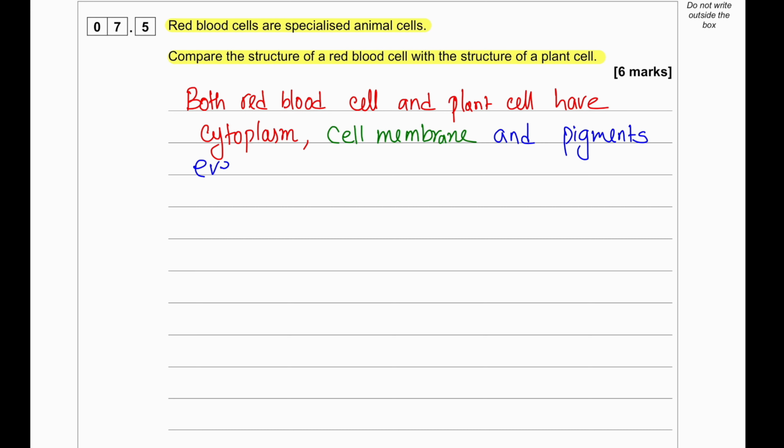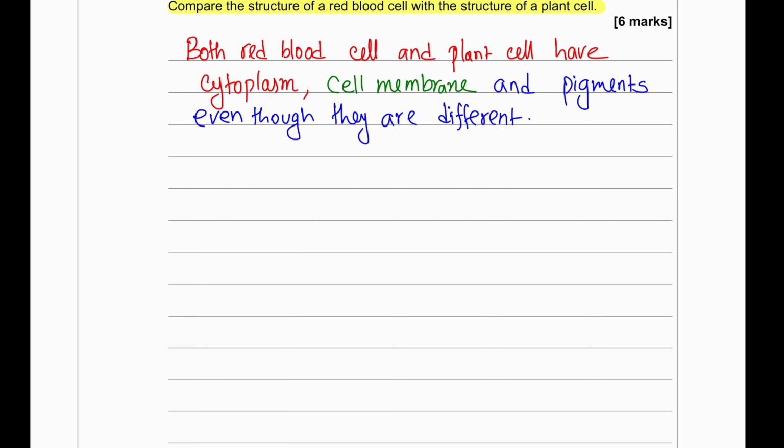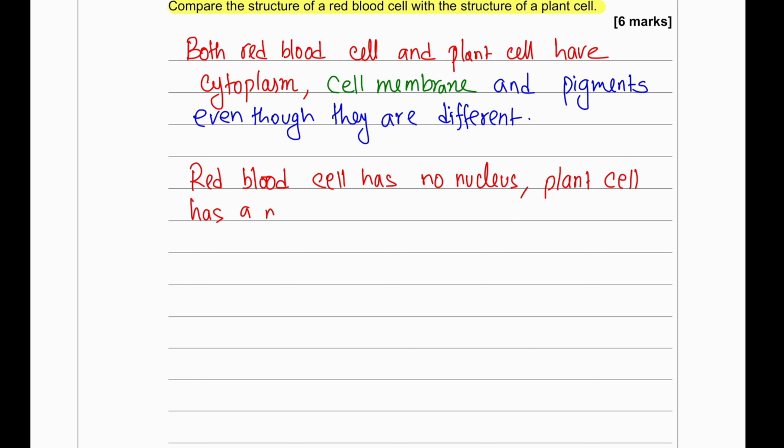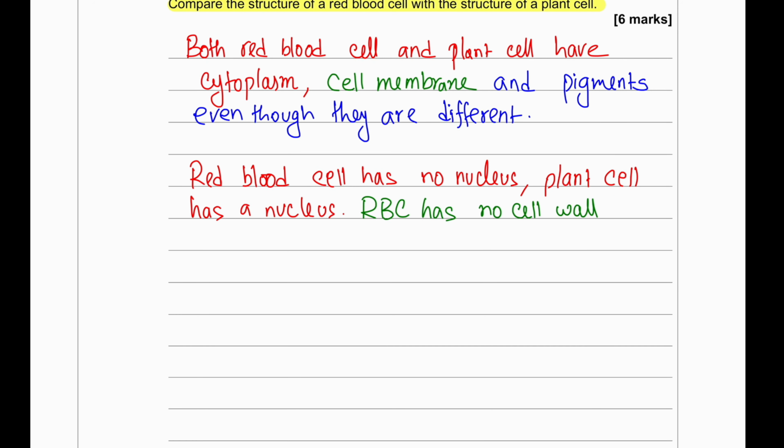Red blood cells have no cell wall, plant cells have. Red blood cell is a biconcave disc, and there are many different shapes of plant cell. Red blood cell contains hemoglobin, whereas plant cells do not contain hemoglobin. Red blood cells do not contain chlorophyll, but plant cells, most of them actually, may contain chlorophyll.